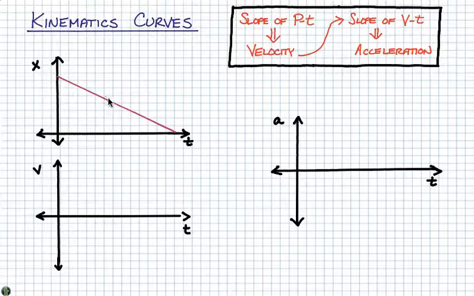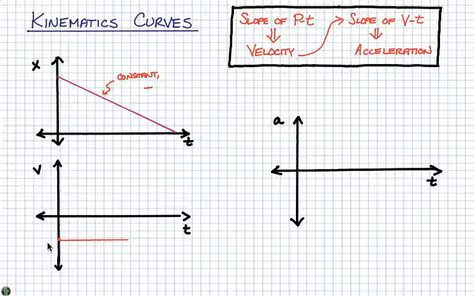The slope of this line right here is both constant and negative. Constant negative slope on a position time graph must mean constant negative velocity. So for the velocity time graph, it must be constant and negative.